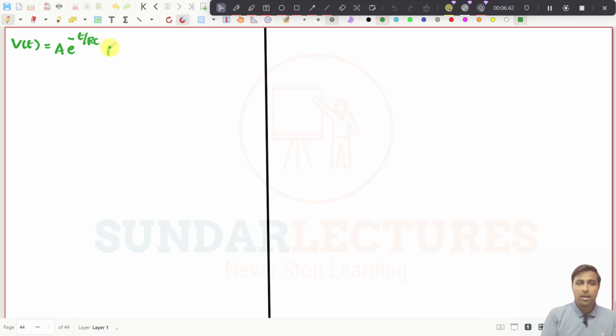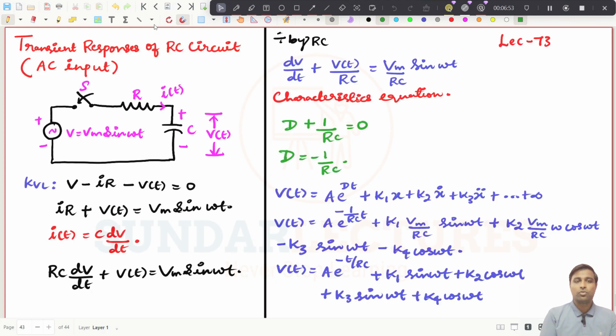That is one term. Plus commonly I will write K1 sin omega t plus K2 cos omega t. You just try to understand. You take every sin omega t and cos omega t into a single term. If you take sin omega t commonly outside, you will get K1 plus K3. If you take cos omega t commonly outside, you will get K2 plus K4.